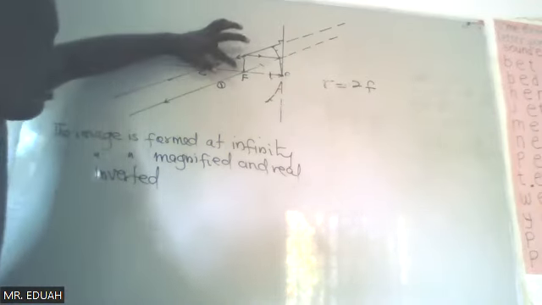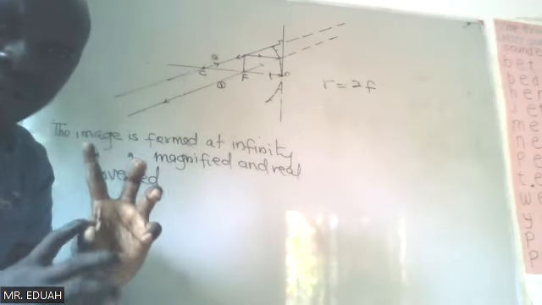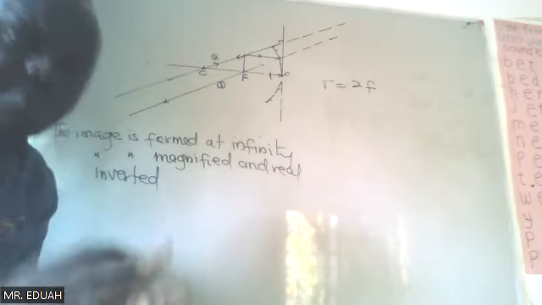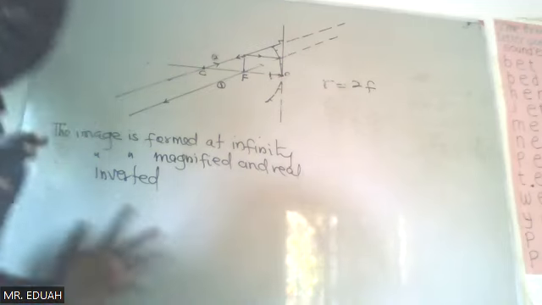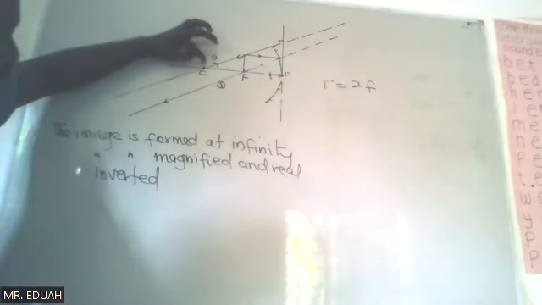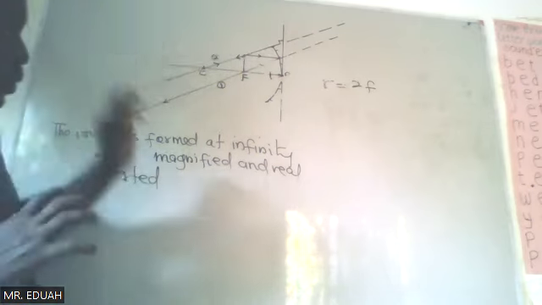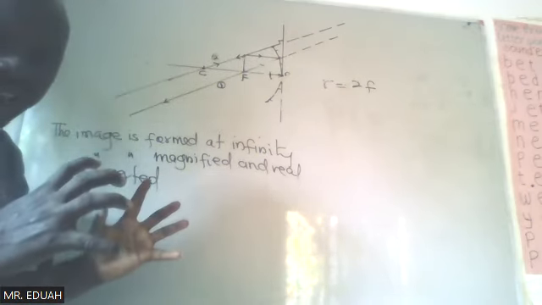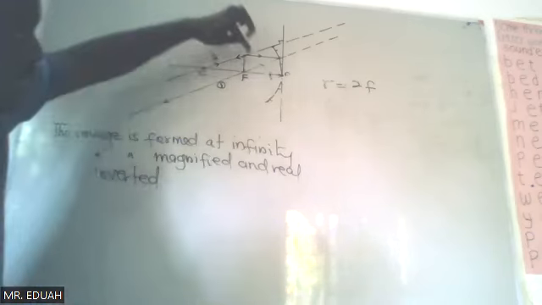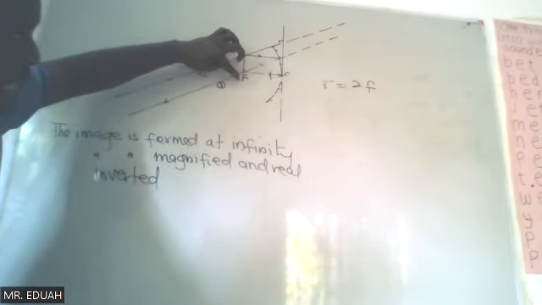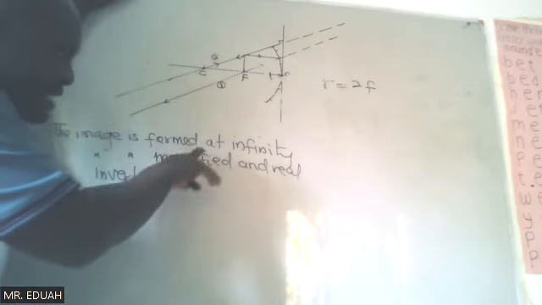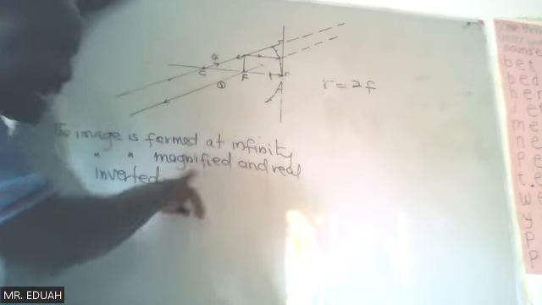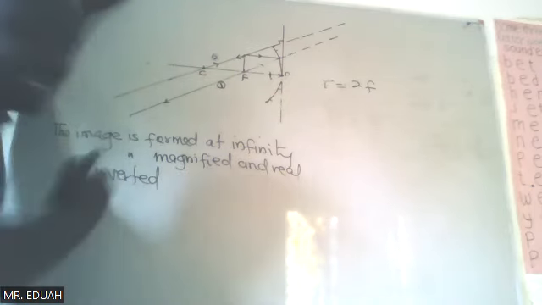Then the moment we move between F and the pole, it changes to virtual, upright, and still magnified. So any position between C and F will have a magnified real image. It only changes when the object comes between F and the pole. That is the reason we could say that the image is real, magnified, and all real images are inverted.